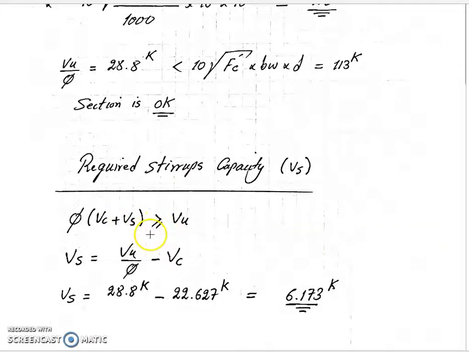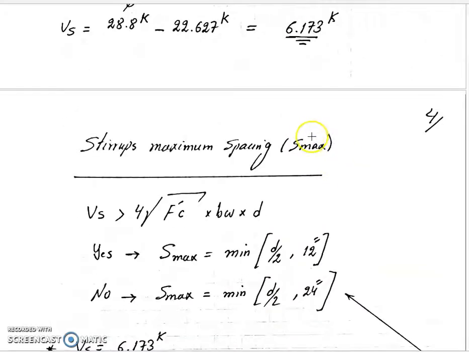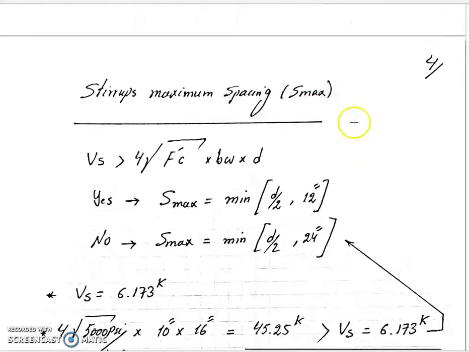It has to be greater or equal to Vu, the demand shear. So Vs is equal to Vu over phi minus Vc. So after plug and chug of those Vu and Vc, we get 6.173 kips. We go to the next page.